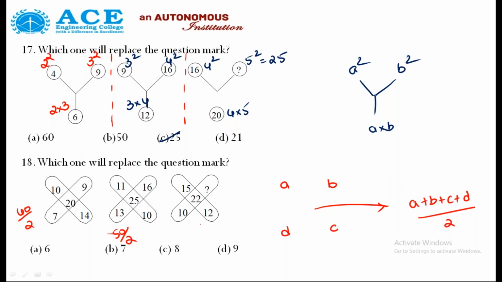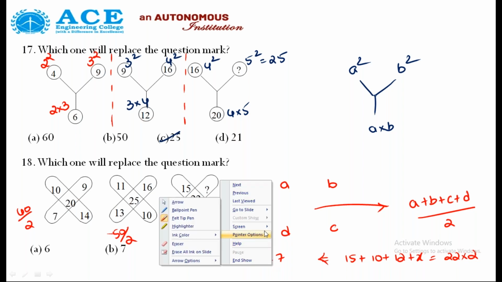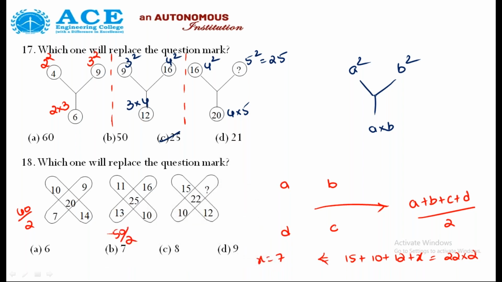Now adding all this, we should get 44 actually. As per the question, 15 plus 10, 12 and x should give 44. This is already 37. So x must be equal to 7.